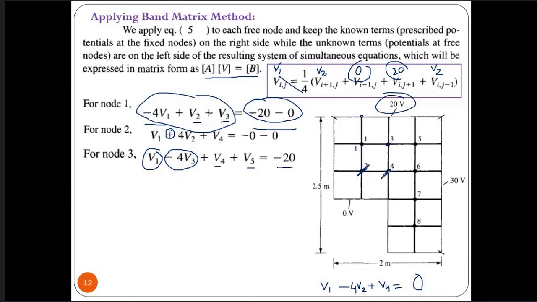Next, for node 4, you see it depends on 2, 3 and 6. So before V4, we will write V2 and V3. Plus V2, plus V3, minus 4V4, and V6 is there, so plus V6, and on the fixed node the potential is 0, so it is minus 0.